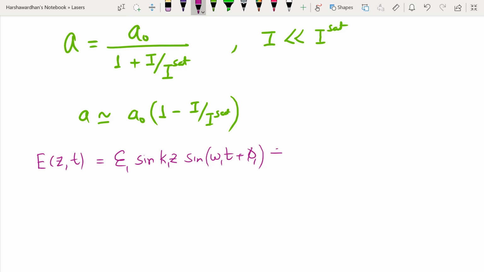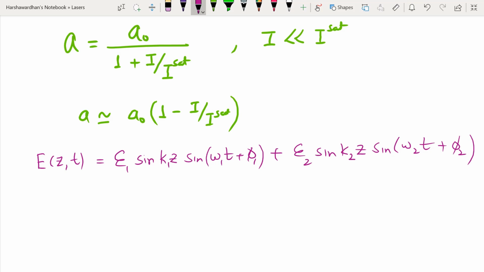And I have another mode which is E2 sine k2z sine omega 2 t plus phi 2. Right? These are my two modes which are present. Of course, we have multiple modes, considering two for simplicity.